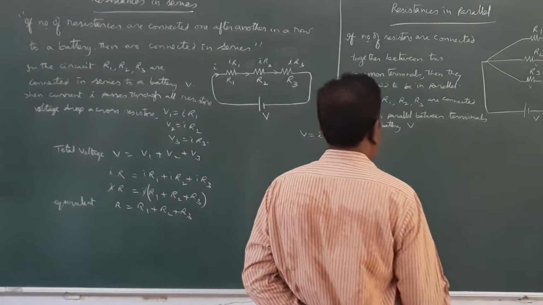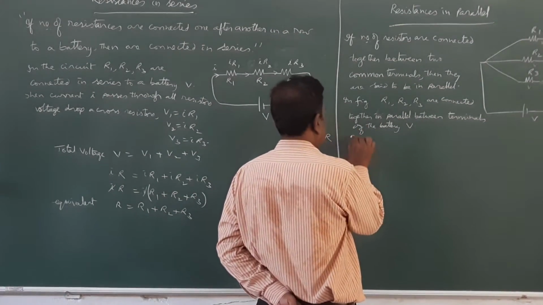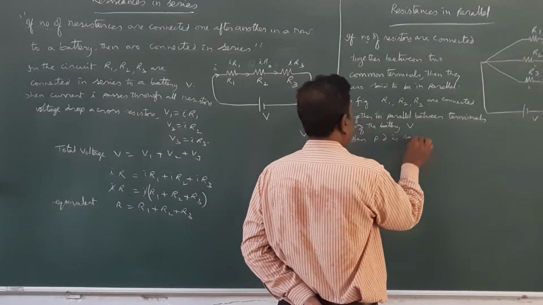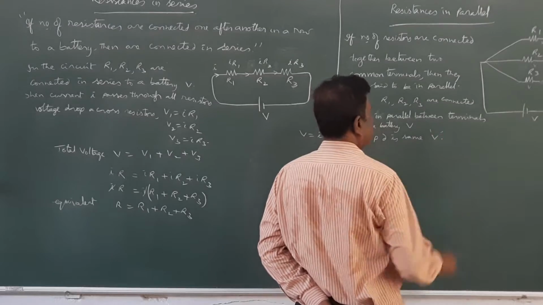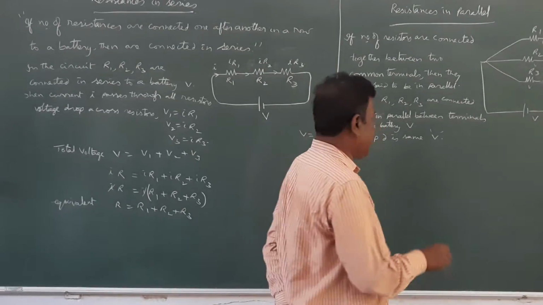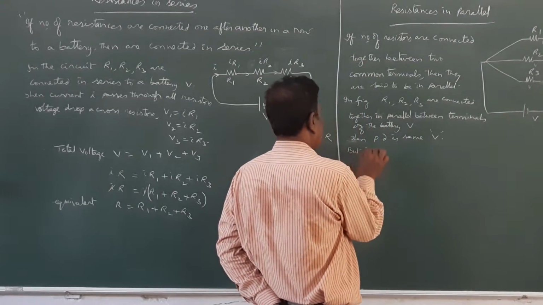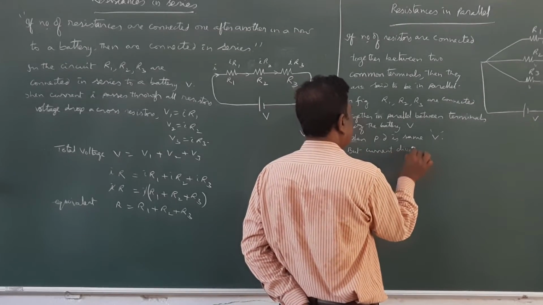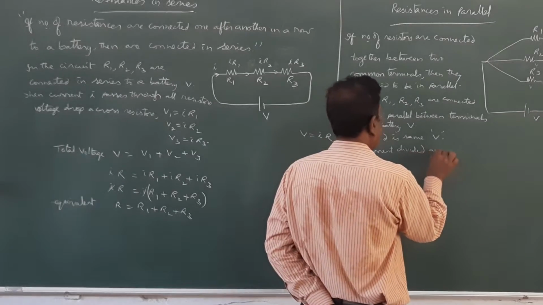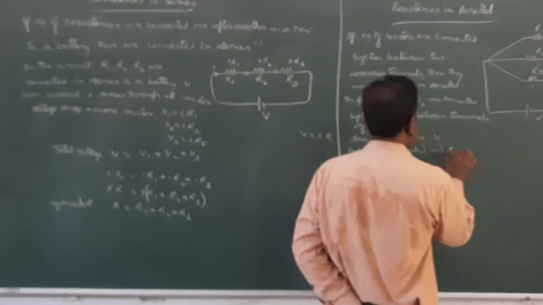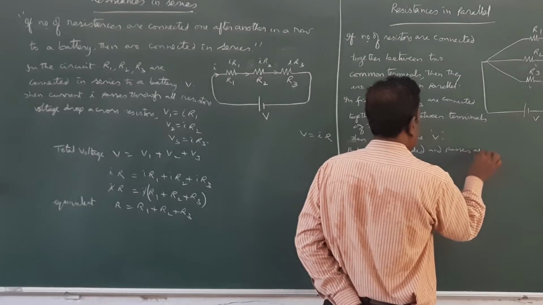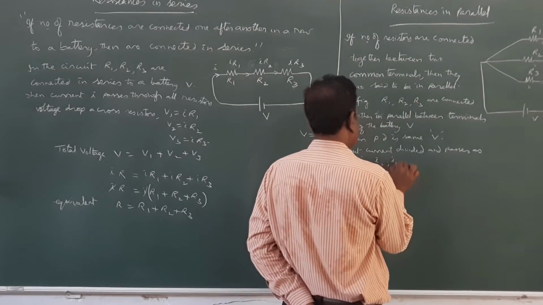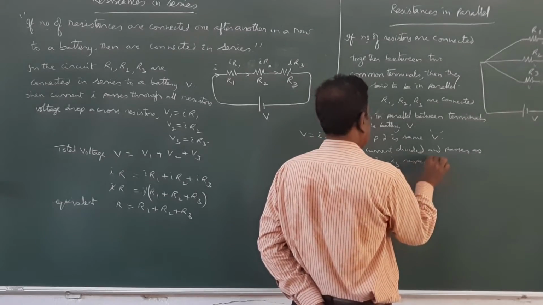However, potential difference is same across all resistors, but current is divided and passes as I1, I2, I3 respectively.